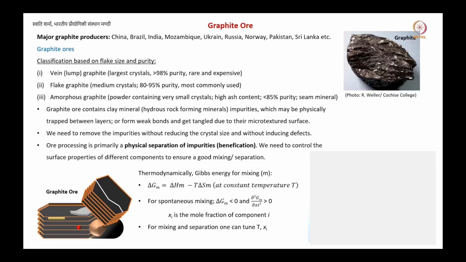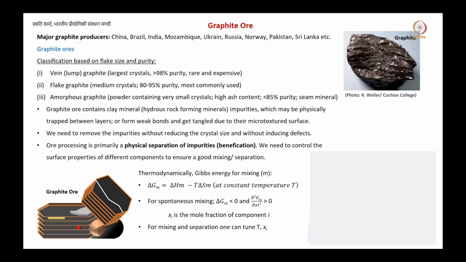The major producer of graphite is China. In China, a lot of scientists and people use this graphite, or graphene-based material, for various kinds of applications. Brazil, India, Mozambique, Ukraine, Russia, Norway, Pakistan, Sri Lanka, etc. are also producers.